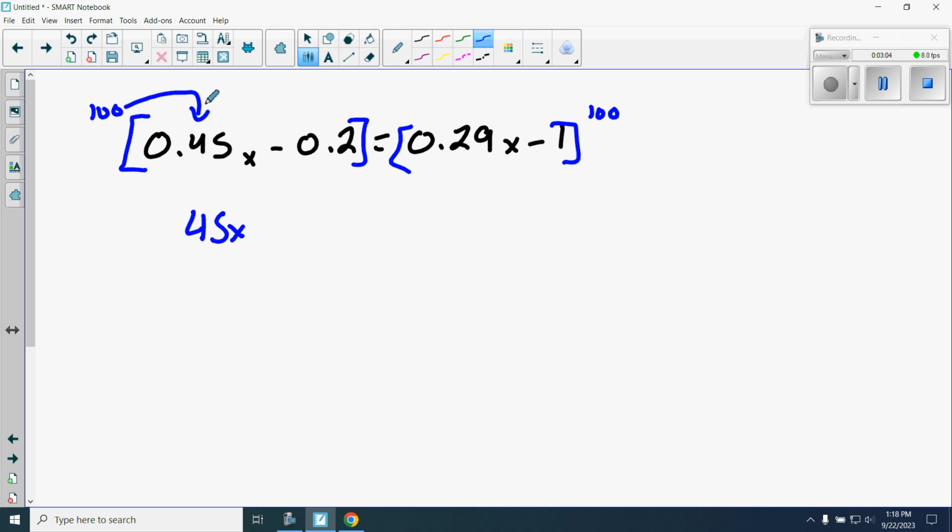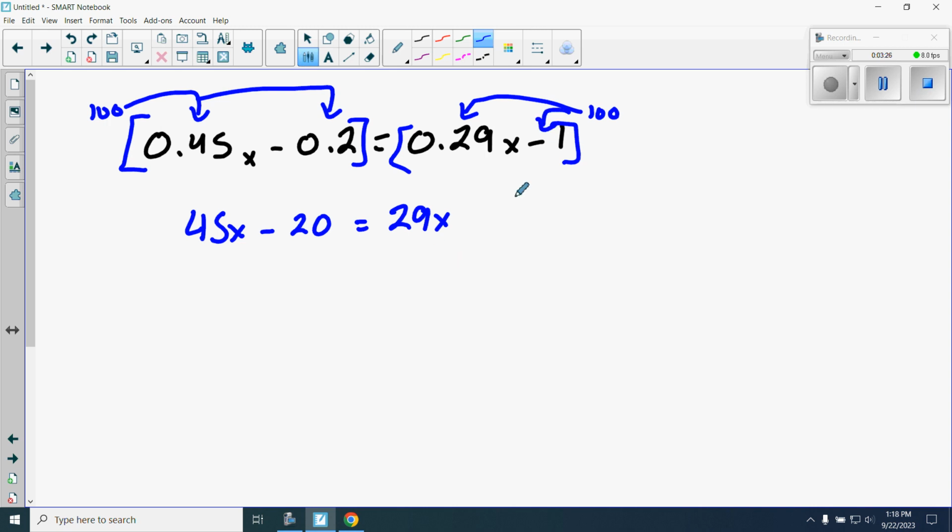Because there are 2 terms sitting over here, I have to distribute the 100 times both of them. So this would be minus 20 now, times 10 gets us behind the 2, and times another 10 brings in a 0. If I do the left, I'm now going to do the right, and I get 29x.